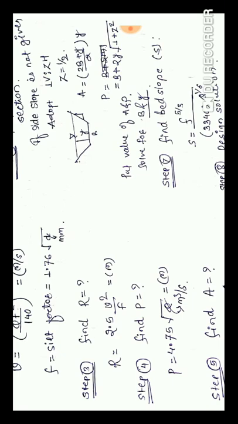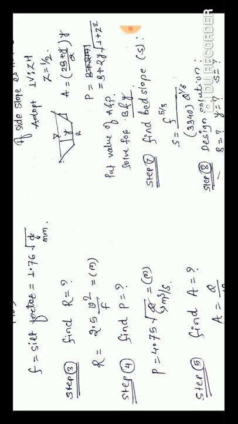Area is equal to half of the sum of parallel sides, that is B plus top width, divided by 2, into Y, and wetted perimeter P is equal to B plus twice Y root of 1 plus z square, which is the length of the sloping side. Then we have the value of the perimeter and the value of the area. We put these in the two equations and solve for B and Y.